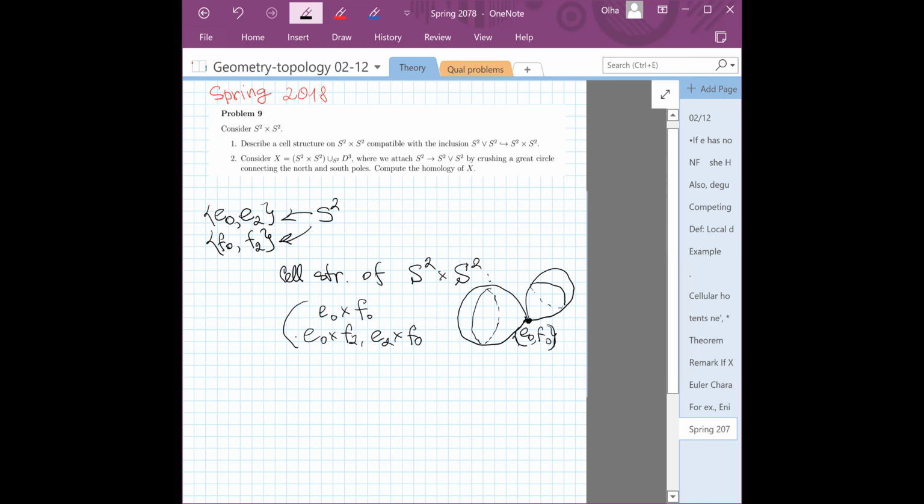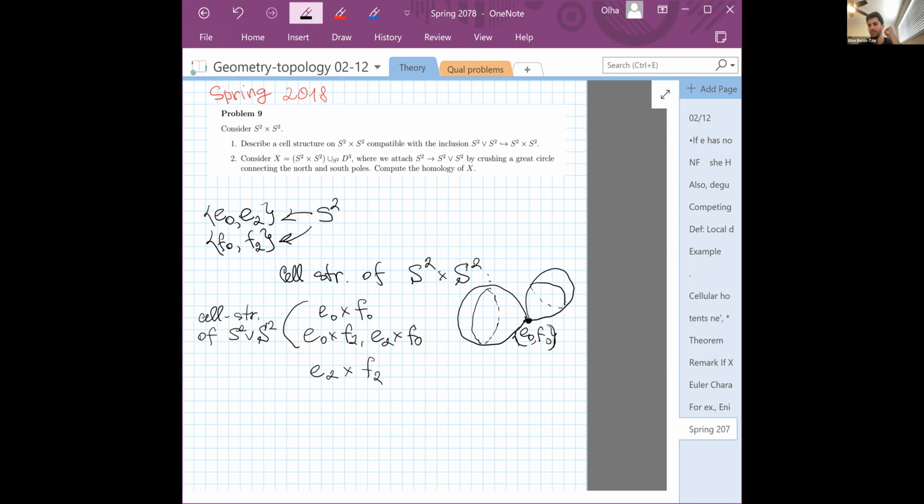At this point, the 2 skeleton of our thing is going to be the cell structure of S2 wedge S2. And then finally, our last cell is going to be the product, right? Is that what it should be?